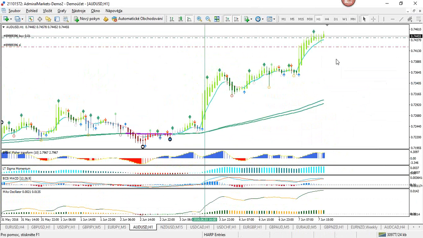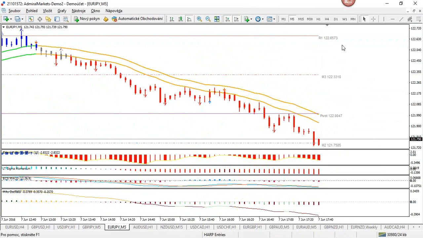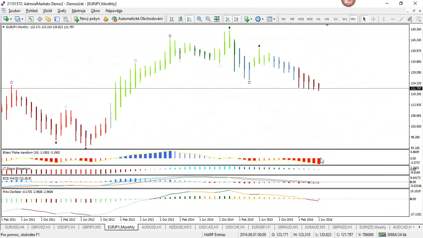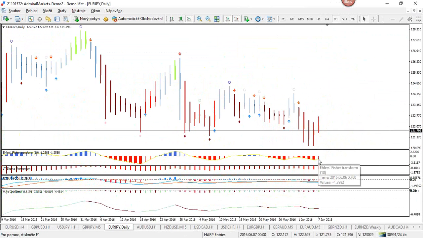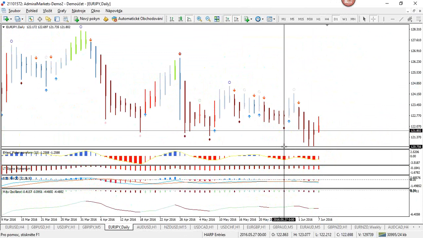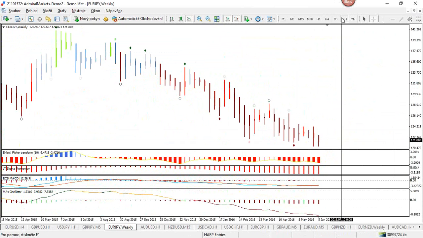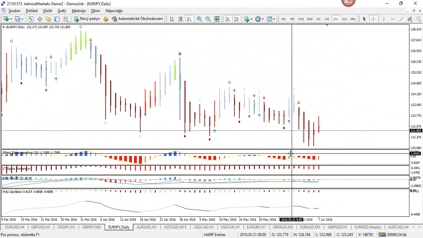Euro yen, for instance, is an example. Let's take a look at that. Monthly, bearish. Weekly, bearish. Daily chart had a setup right here.